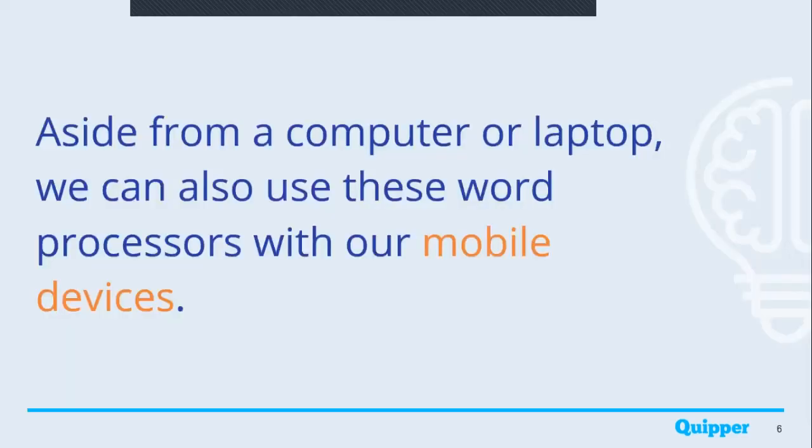So aside from a computer or laptop, we can also use these word processors with our mobile devices. Since technology is now high-tech, we can also use Microsoft Word or PowerPoint in our mobile devices, cell phones, tablets, aside from computers or laptops.